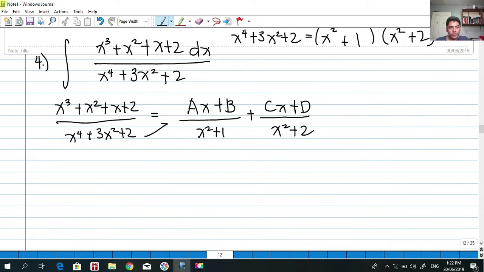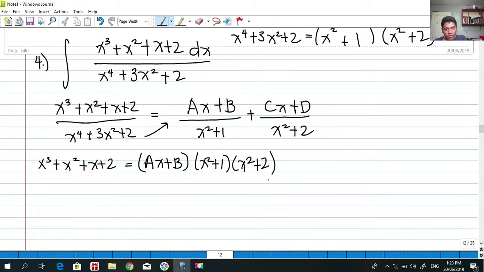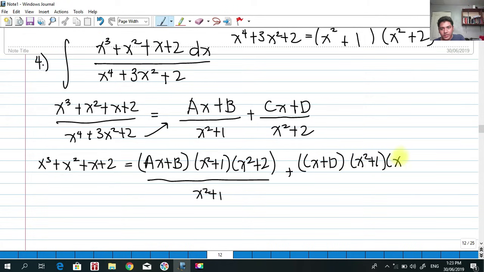If we cross multiply this, we are left with the equation on the left side, x cubed plus x squared plus x plus 2. Ax plus B is multiplied by x squared plus 1 times x squared plus 2 over x squared plus 1, and Cx plus D by the same product over x squared plus 2, and we can cancel these out.